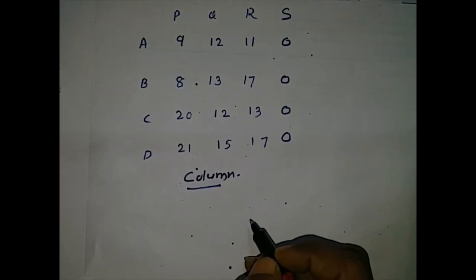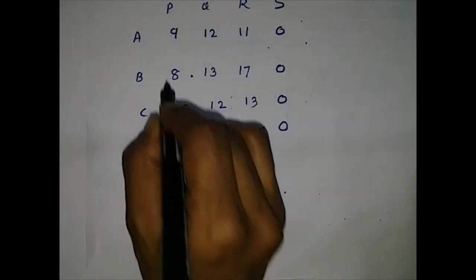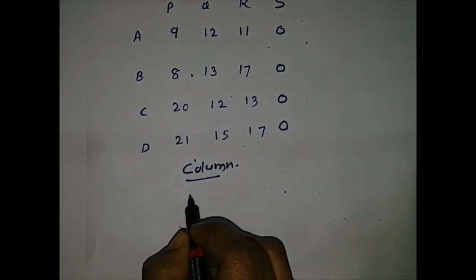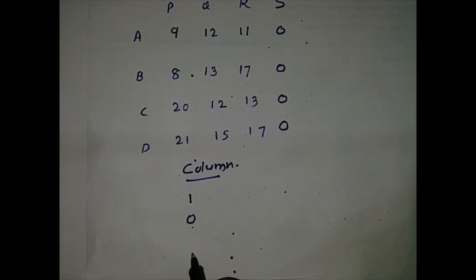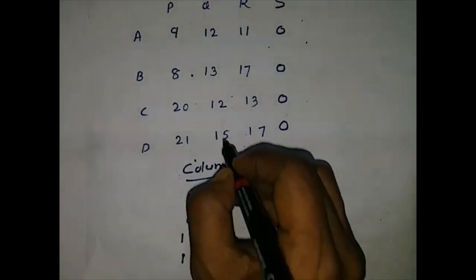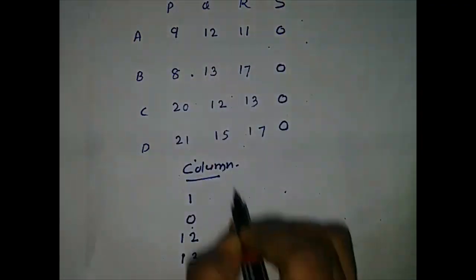Column wise minimization. First column minimum is 8. 9 minus 8, 8 minus 8, 20 minus 8, 21 minus 8. Second column minimum is 12.